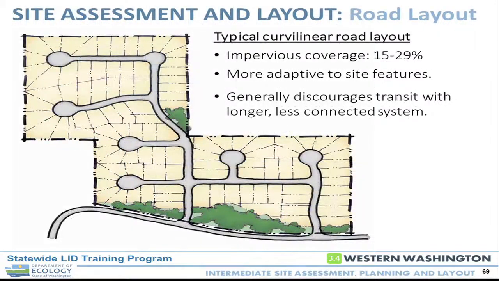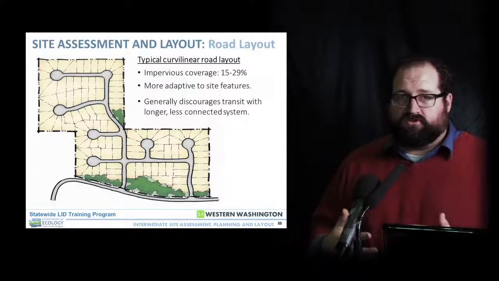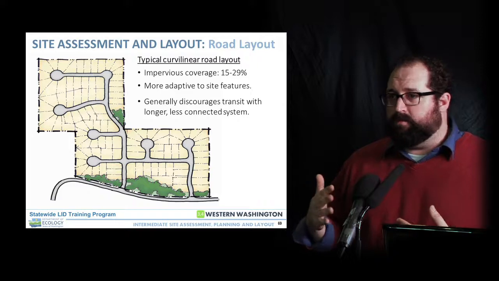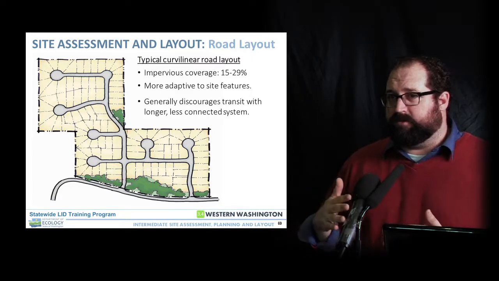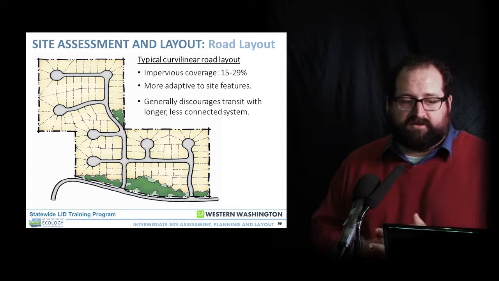With a lot of the cul-de-sac type development, one of the things this does is maybe reduce the impervious coverage of the site because you have less roadway, because you're not actually connecting roads through the site itself. And the other thing is being able to incorporate curvilinear road alignments, which maybe makes you able to adapt to topography or existing site features.